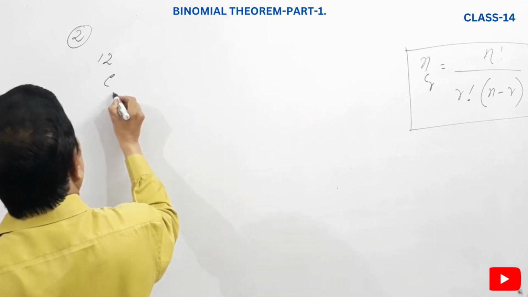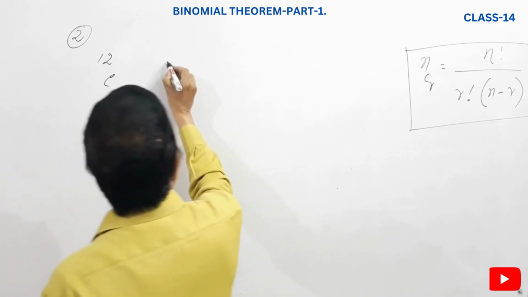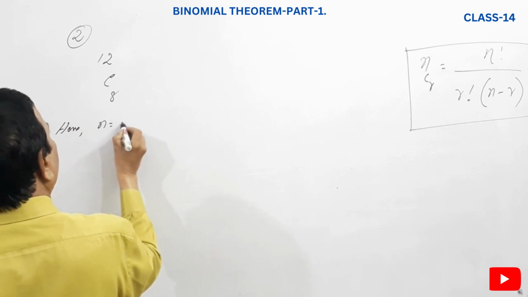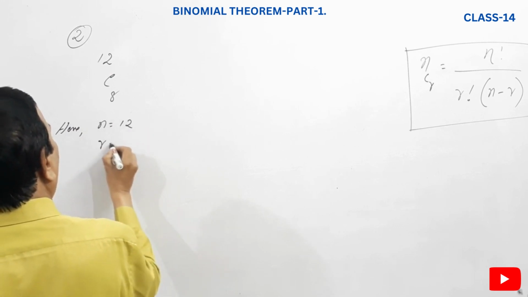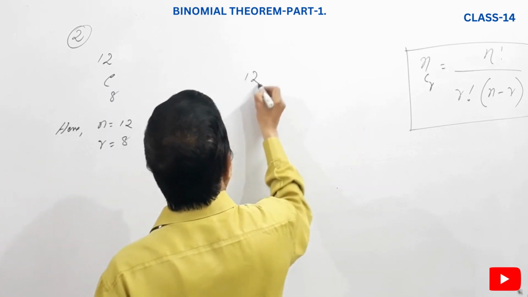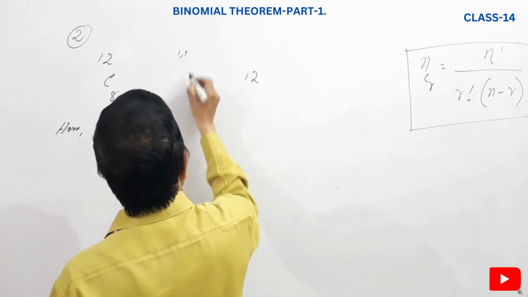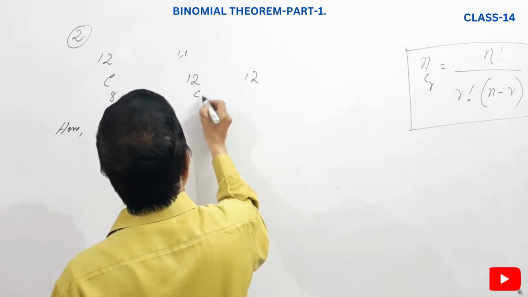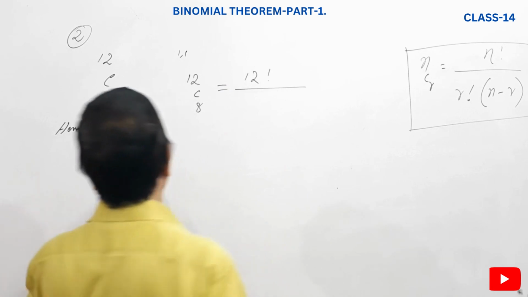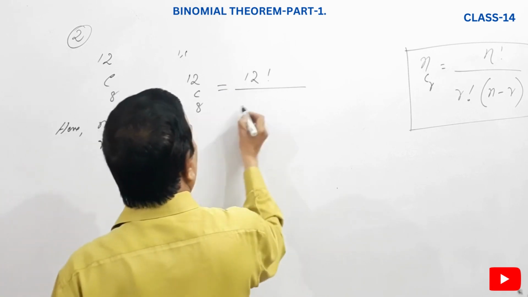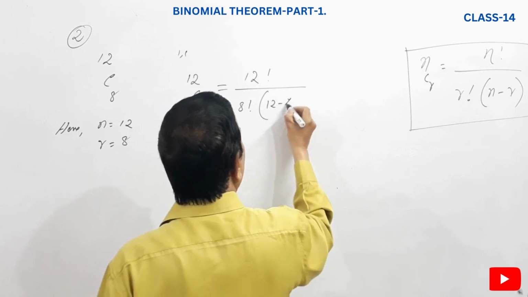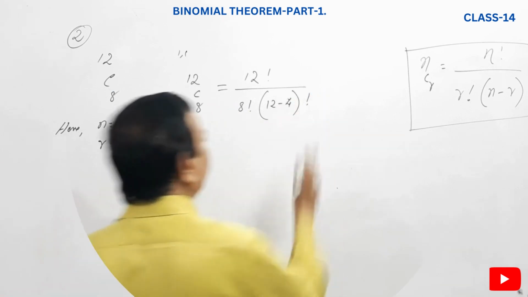Next, 12 C 8. So here n equals 12, r equals 8. 12 C 8 equals 12 factorial by 8 factorial into (12 minus 8) factorial.